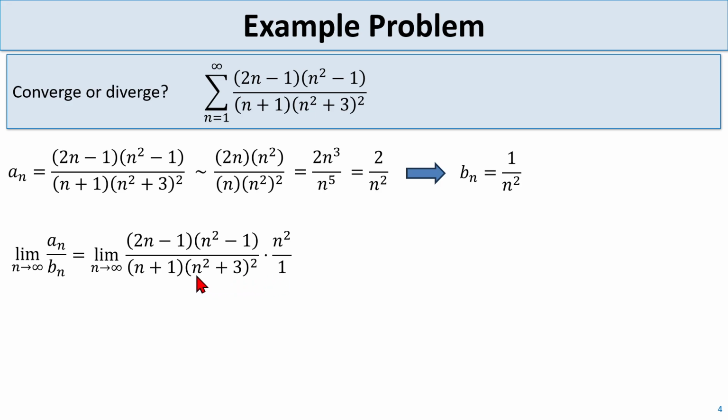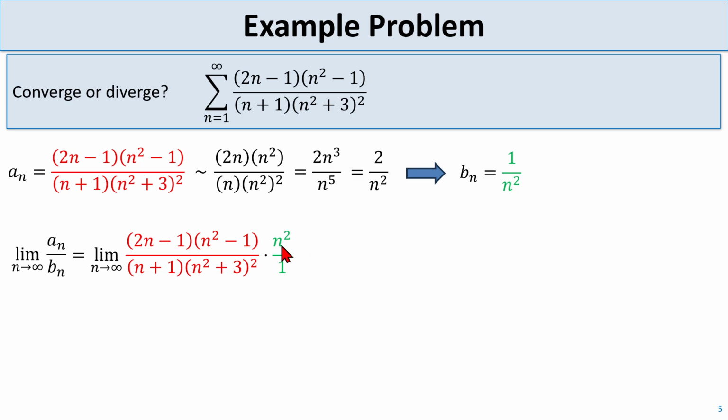So let me just break down how I got this step. The an was just directly substituted in here, and instead of making a fraction of fractions, the way I divided by bn was by multiplying by its reciprocal. That makes the equation look a little bit nicer.